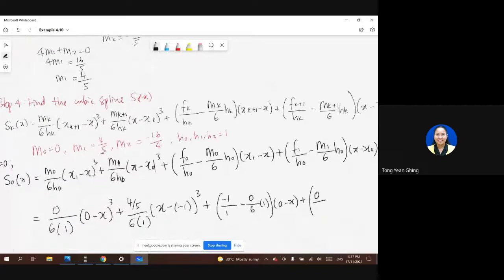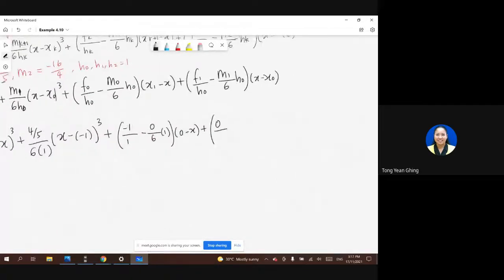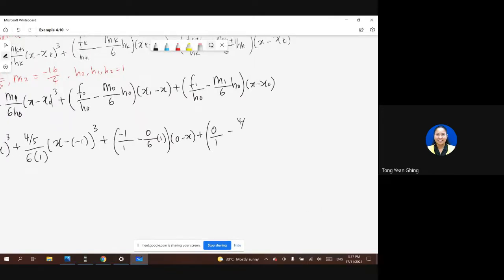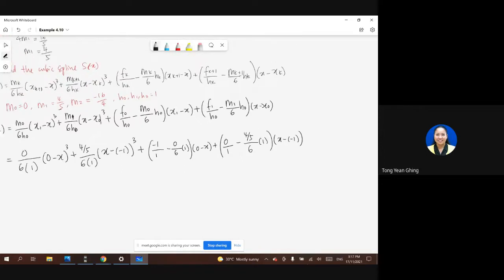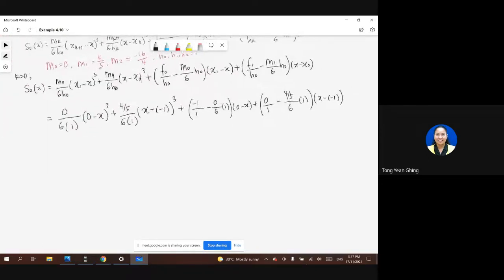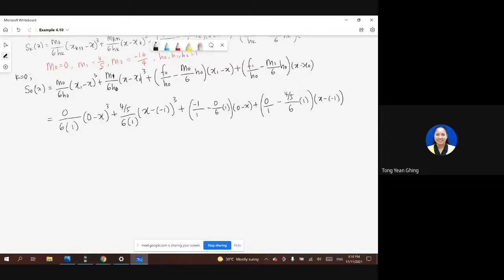Need to refer. Okay, and then H naught is 1 minus 4 over 5, 4 over 5. Yeah, 4 over 5. This one 6. H naught is 1. X minus X naught. X naught is negative 1. So like this. So this one is zero.